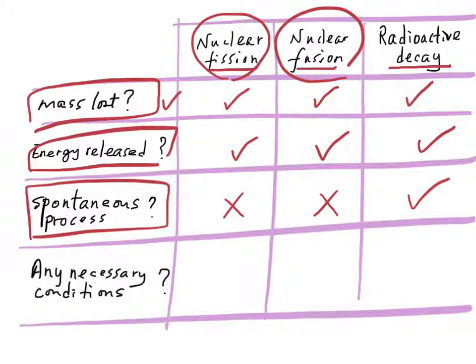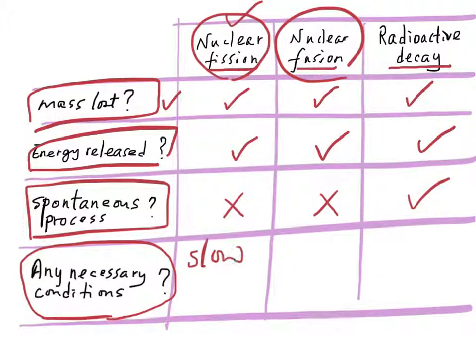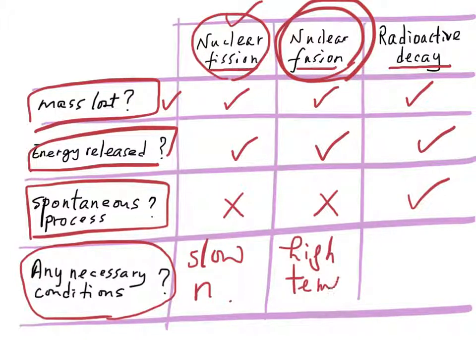Then, what are the necessary conditions for these processes to proceed? For the nuclear fission process, there must be slow neutrons. For the nuclear fusion process, there must be a high temperature. However, for the radioactive decay process, since it is a spontaneous process, there are no necessary conditions.